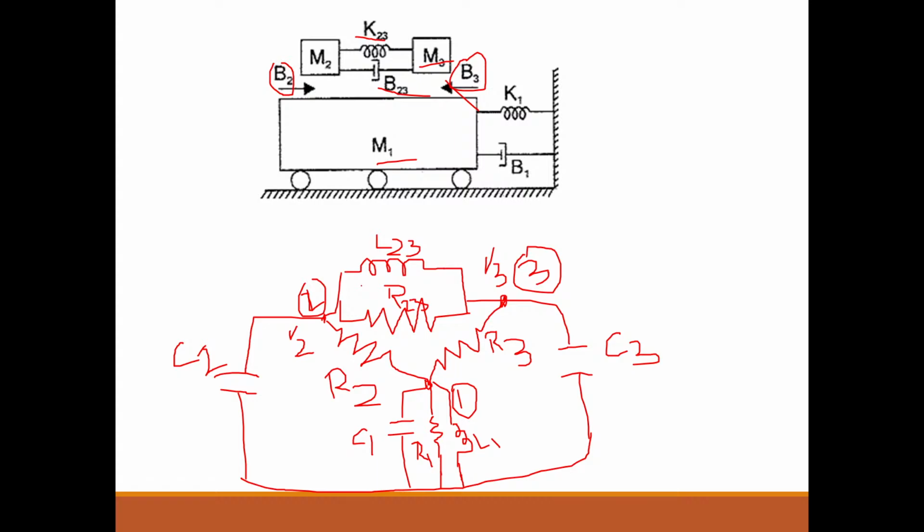We will write the force current equations and we can conclude. If you have completed drawing this circuit, you can write the nodal equations at each node, node 1, node 2, node 3. The circuit that I have designed looks a bit different, but it is the same.